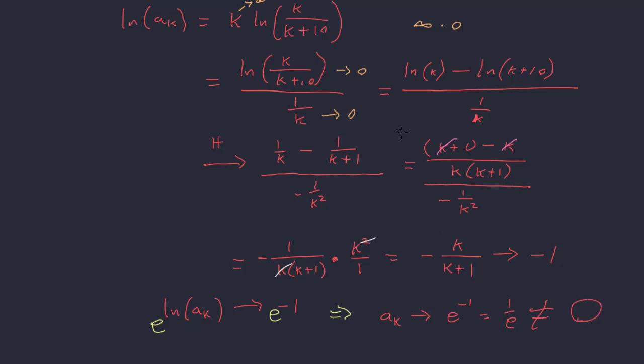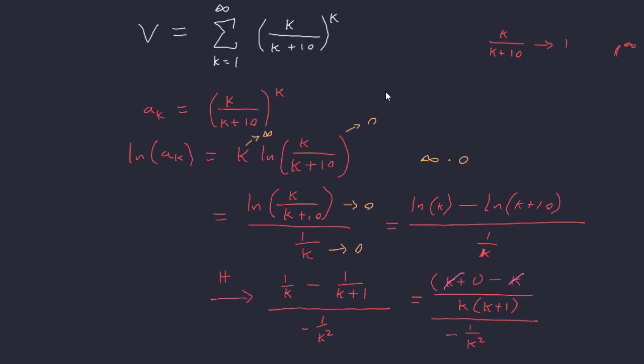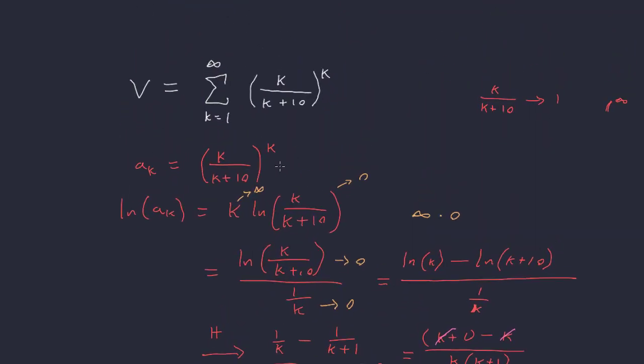So my a_k's, the terms of my series, do not go to 0. In fact, they go to 1 over e. So the series just diverges because of that, right? So it diverges by the divergence test, essentially.